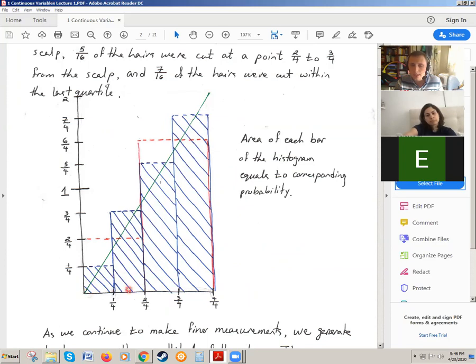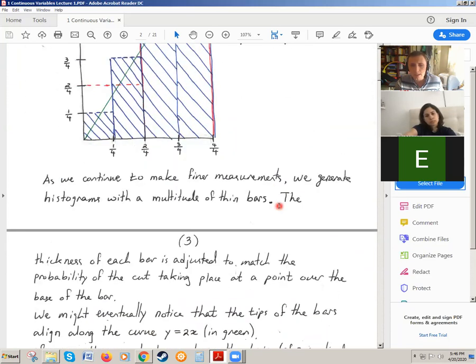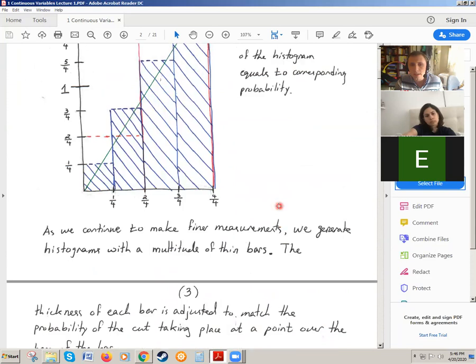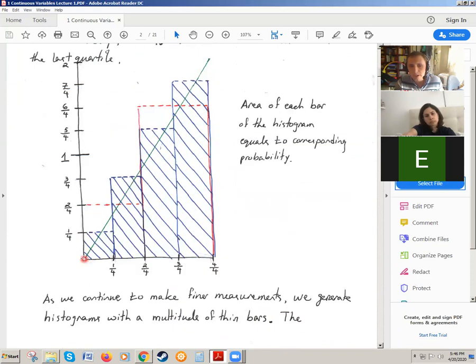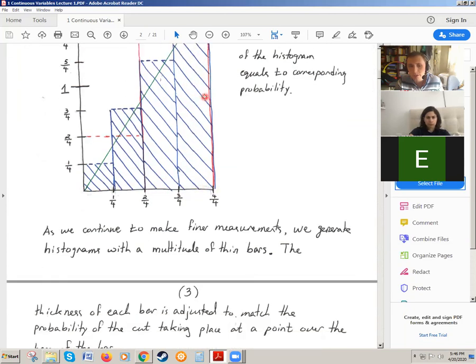There was a cut made somewhere, so the area always adds up to 1. But as you construct those bars and they get thinner, eventually you have a histogram of very thin rectangles, many of them building up the histogram.